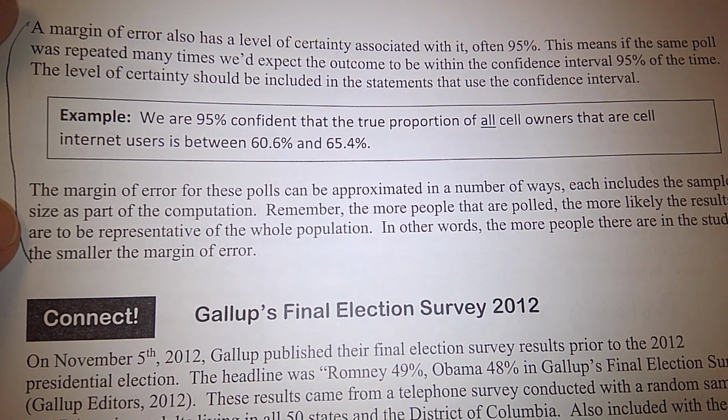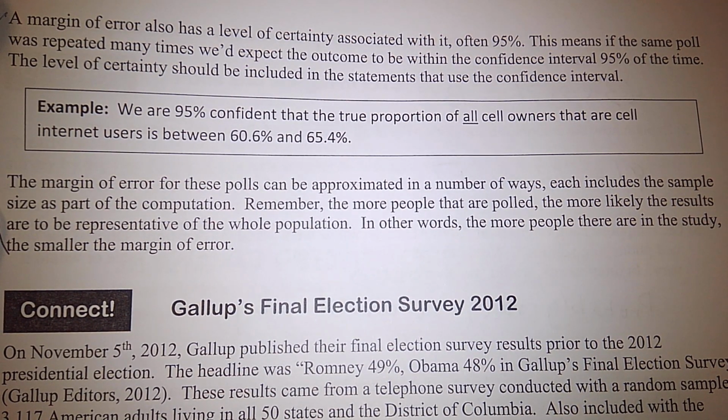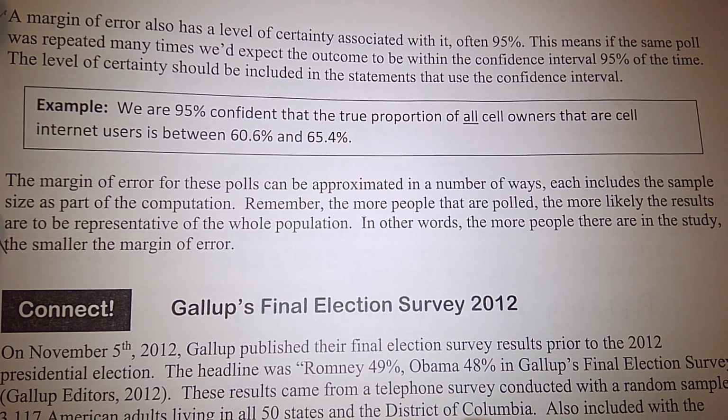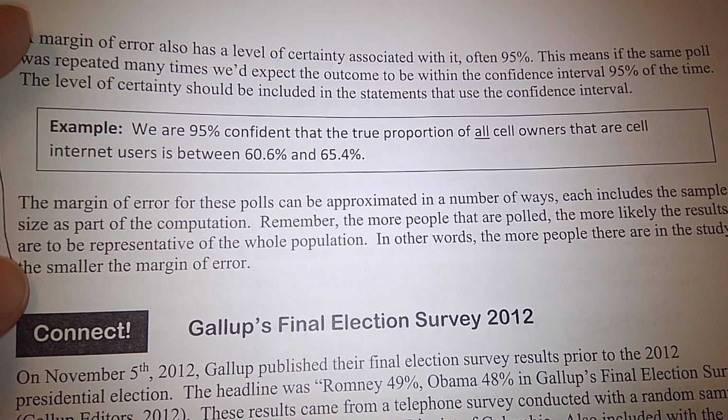The margin of error for these polls can be approximated in a number of ways. Each includes the sample size as part of the computation. Remember, the more people that are polled, the more likely the results are to be representative of the whole population. In other words, the more people in the study, the smaller the margin of error. Okay, very good.